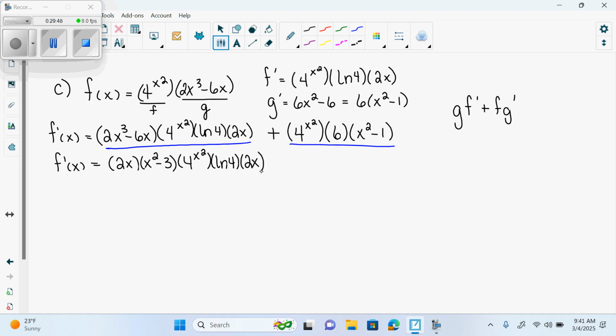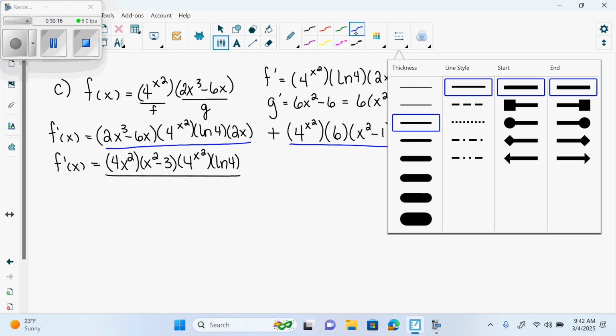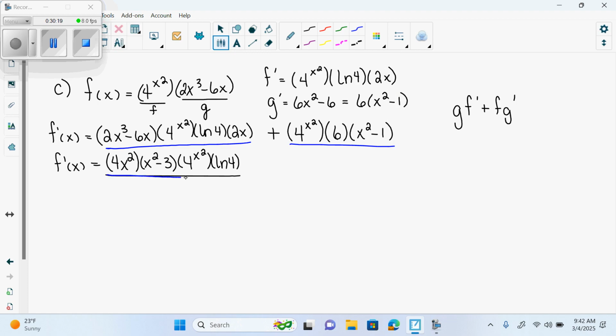So instead of writing the 2x and the 2x like this, what could I just write in the front? 4x squared, technically, right? Erase that one, erase that one, and put them together as 4x squared. So I always try and simplify my terms as much as I can before I try to go GCF. So that's my one term, and this is my other term.